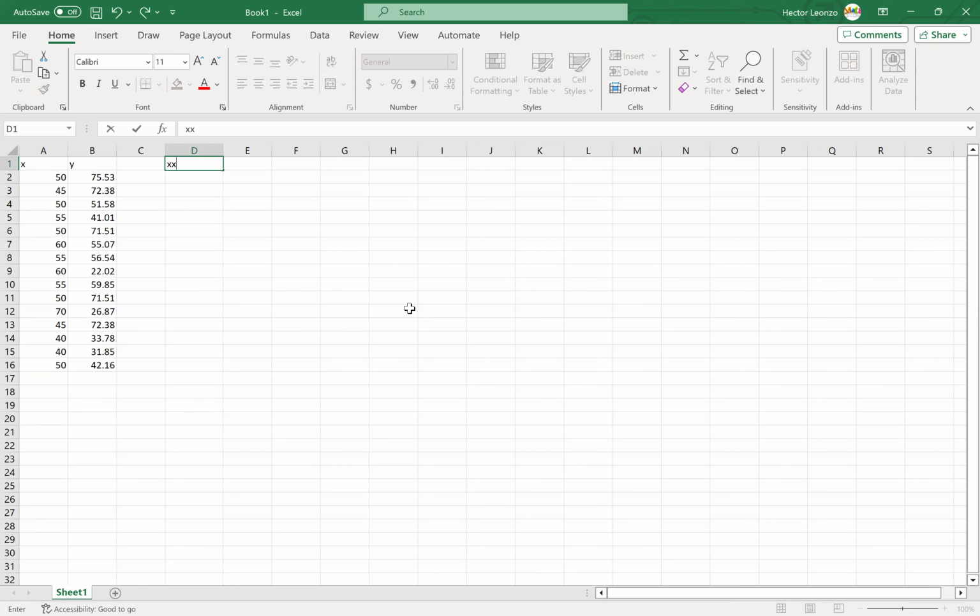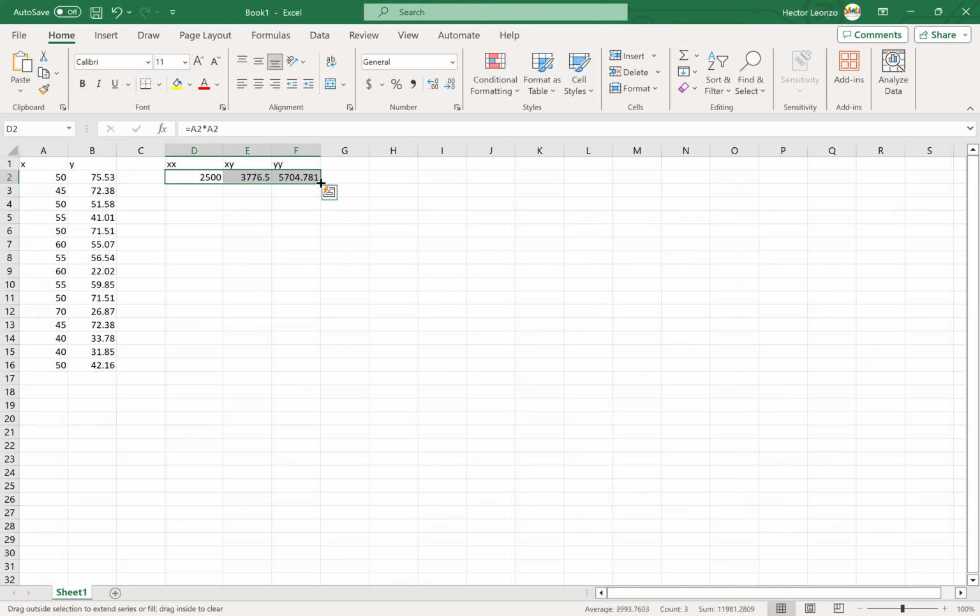So here I'm going to put X times X, here X times Y, and lastly, Y times Y. So here I go: equals X times X. Here at the side, equals X times Y. And then here, equals Y times Y. I highlight them and then I click on the point and drag it.